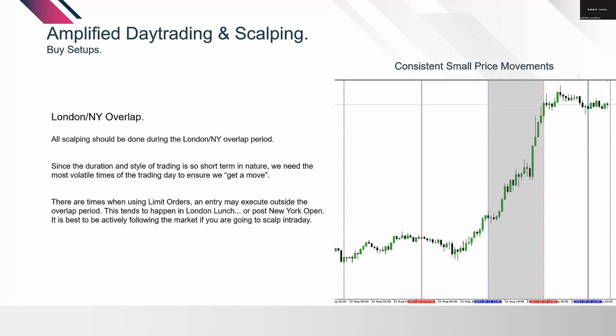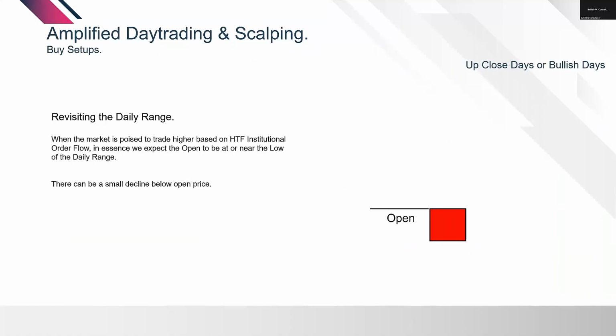That's from 11 to 2 p.m. or post New York open. It is best to be actively following the market if you're going to scalp. So if you're going to scalp, you really have to be on the charts. You see, because you need to understand what is price. You're not just going to open your chart and then trade. No, you're not going to do that. You see, you need to understand how price is moving.